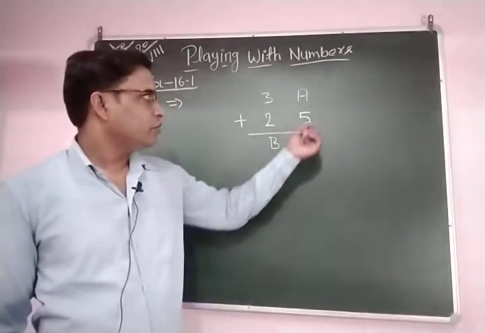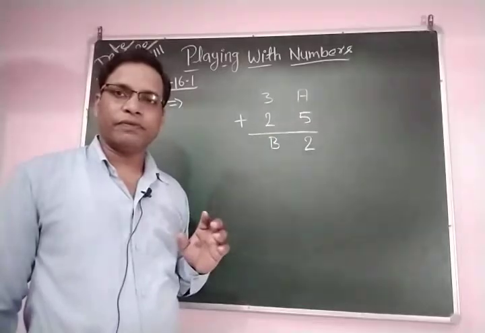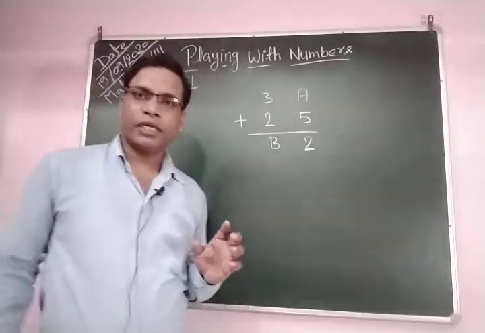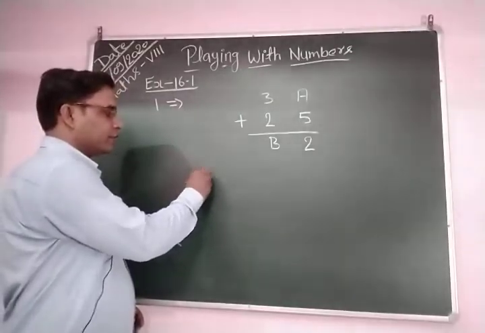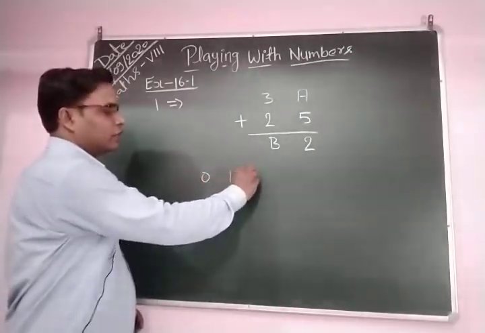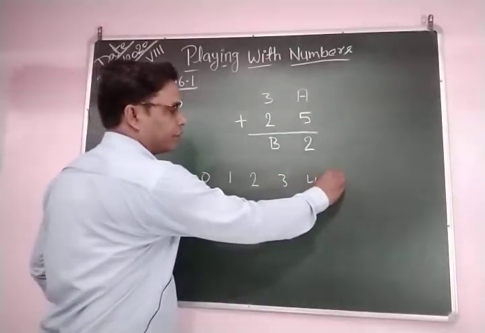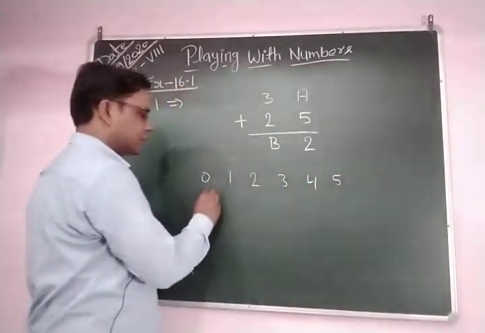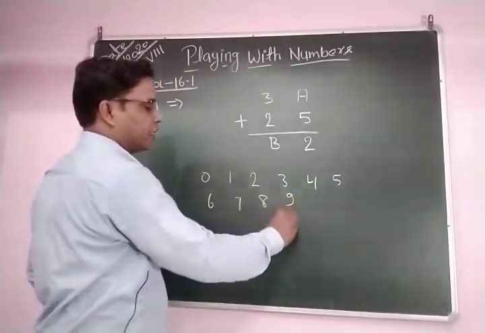Okay, you know digits very well. How many digits are there? 0, 1, 2, 3, 4, 5, 6, 7, 8, 9.